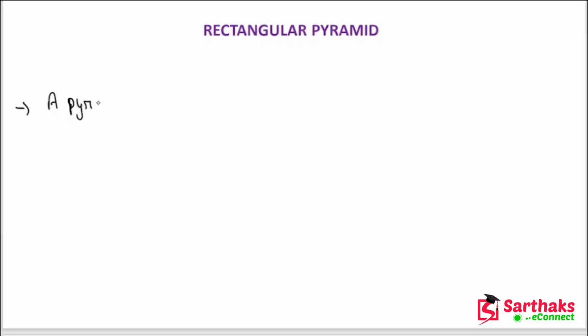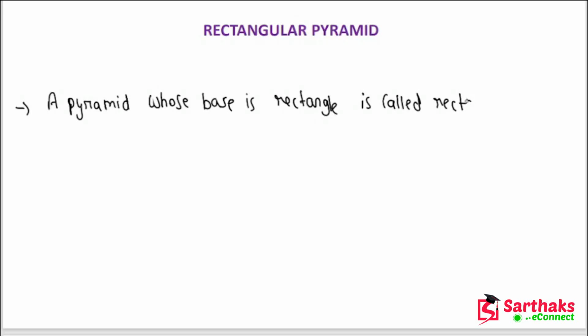A pyramid whose base is a rectangle is called a rectangular pyramid.